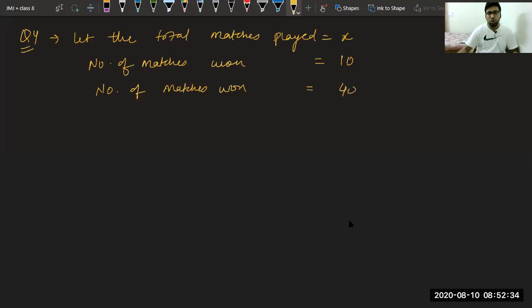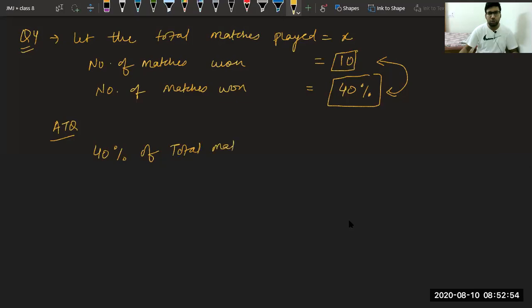So we know the same thing, number of matches won, as an exact value and as a percentage. They are equal things. So according to the question, 40% of total matches is equal to 10.